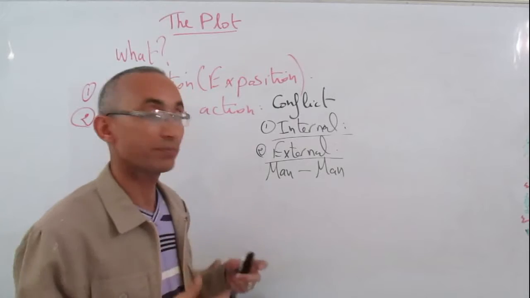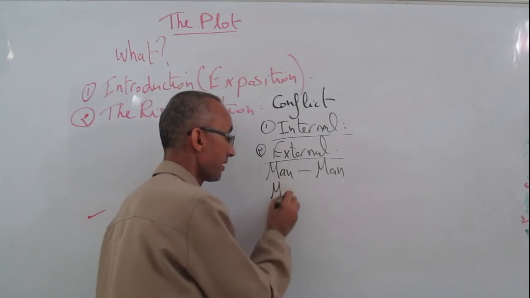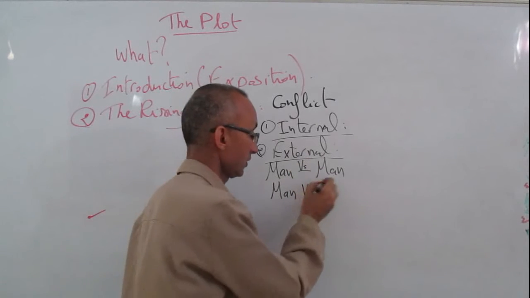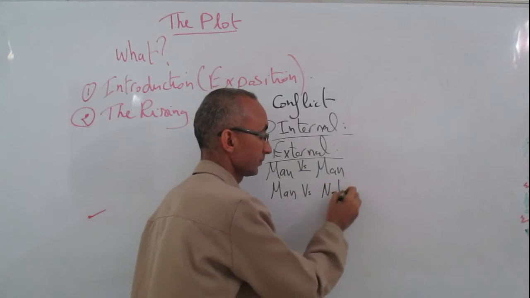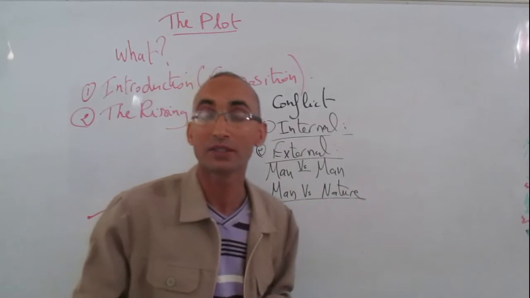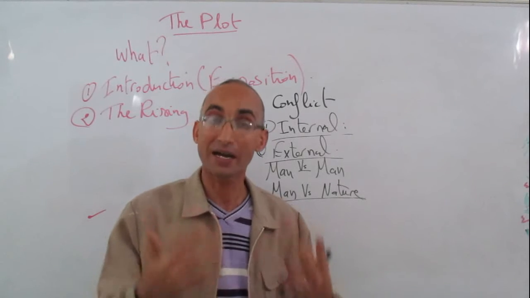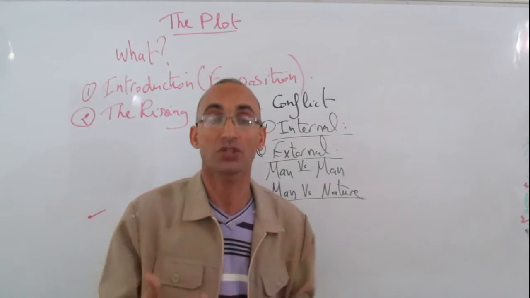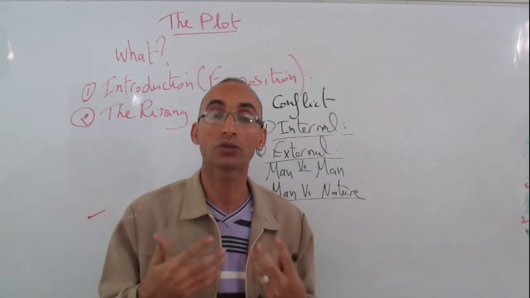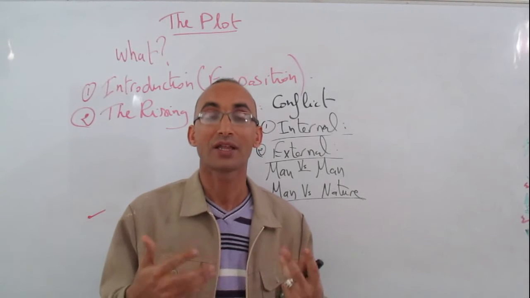Another type within the external conflict is man versus, or against, nature. Here also we can mention the example of The Old Man and the Sea, when Santiago, the old man, defies, challenges the sea and the fish, in that struggle and long voyage of his to hunt, or to catch that fish.